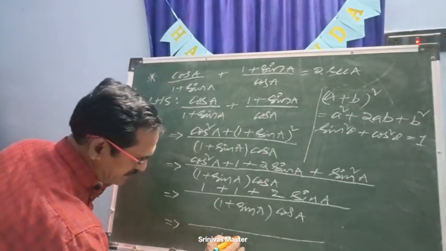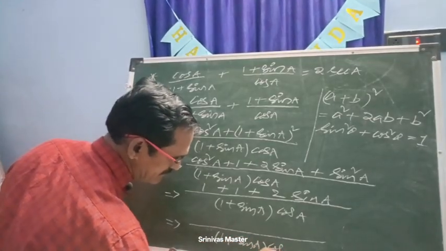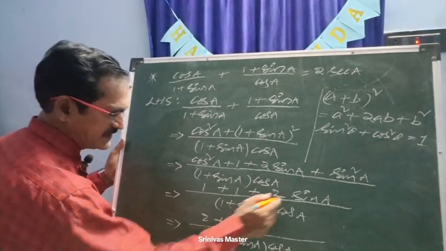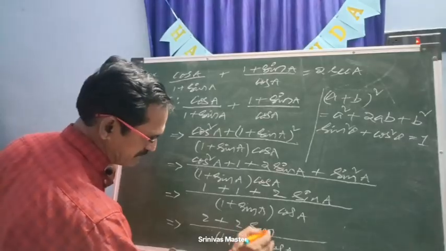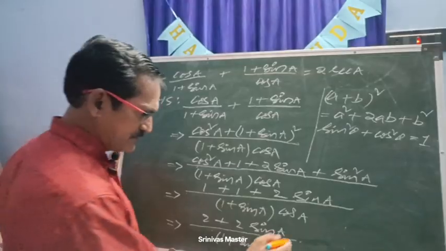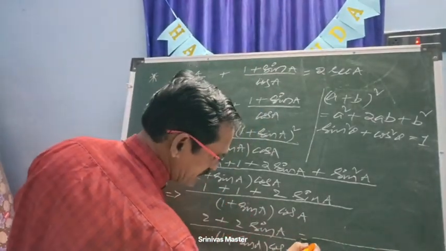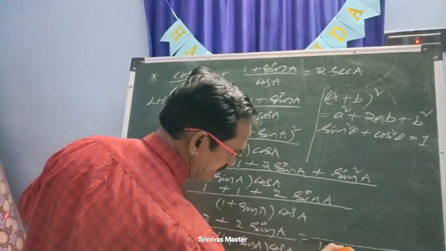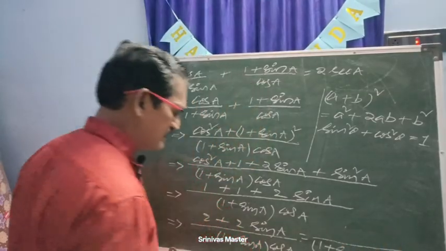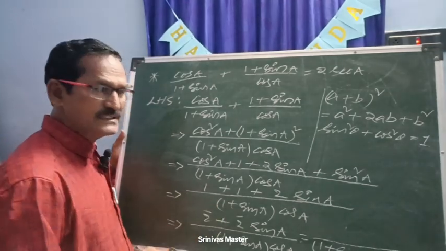What is the denominator? (1 plus sin A) into cos A. See now, 1 plus 1 means, you know, 2. 2 plus what is left? 2 sin A. 2 plus 2 sin A. See now, when you are writing the denominator as usual, (1 plus sin A) into cos A. In the numerator, what is the common factor? 2 is the common factor.